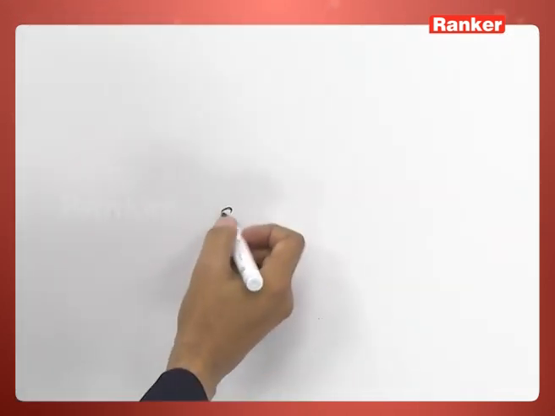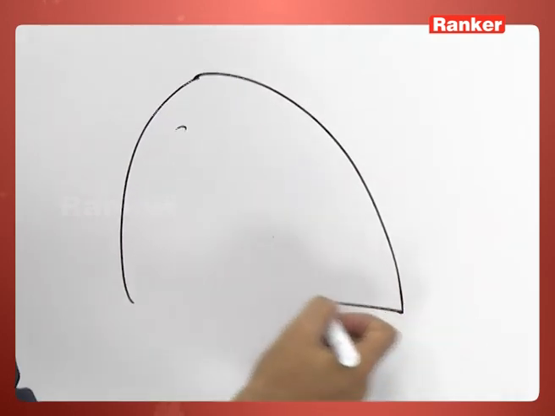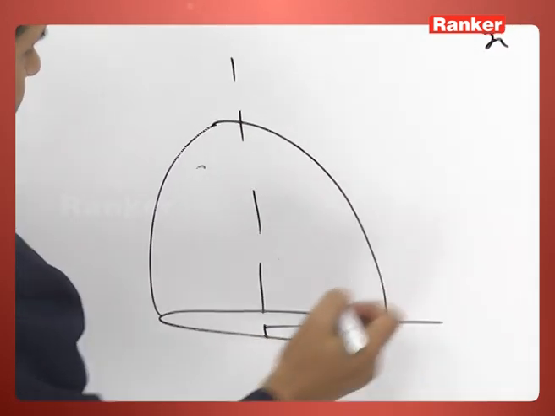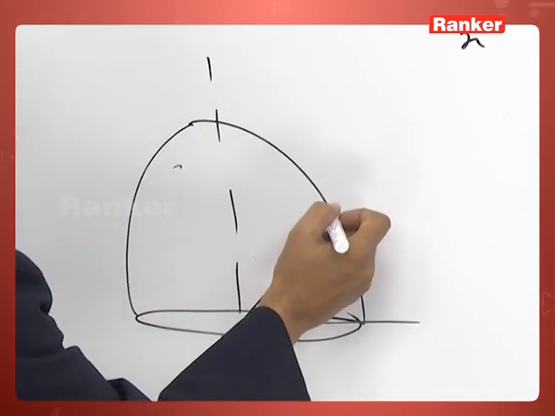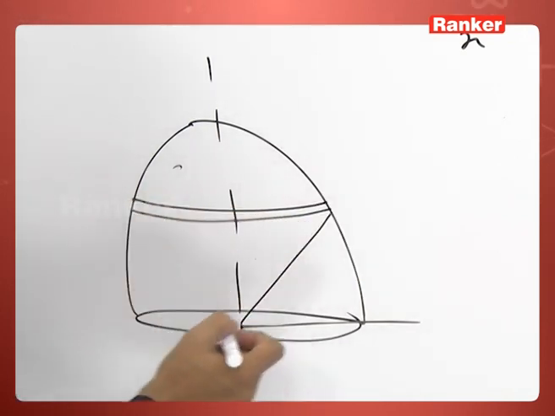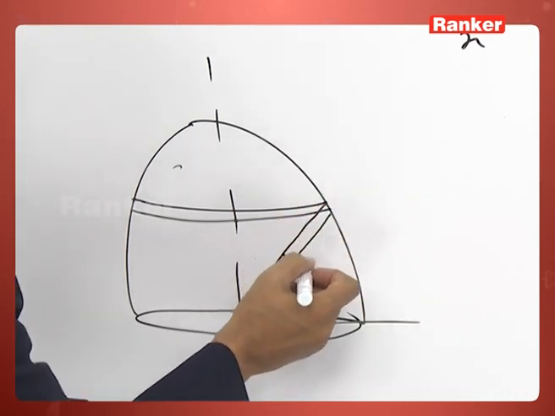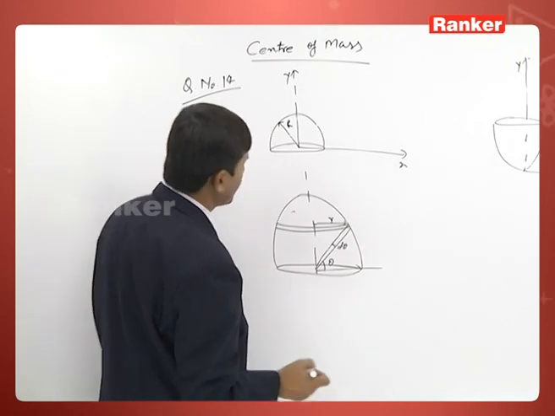In this hemisphere we can have a ring of this type, which makes angle theta. This is d theta, and R is the radius.